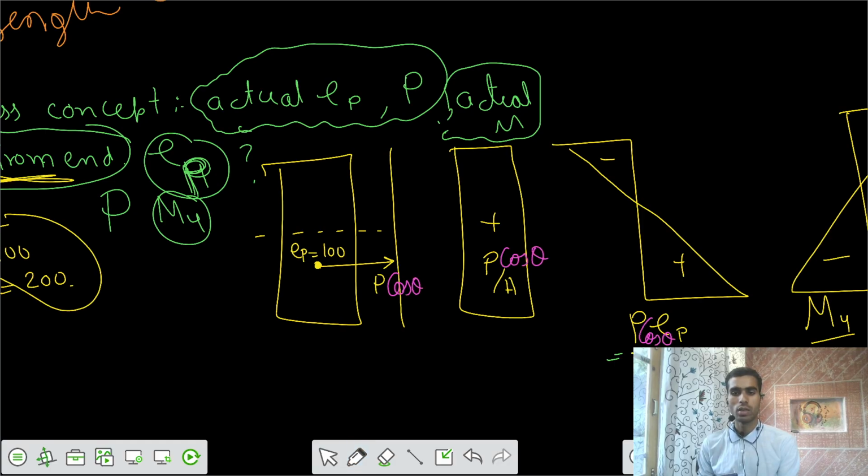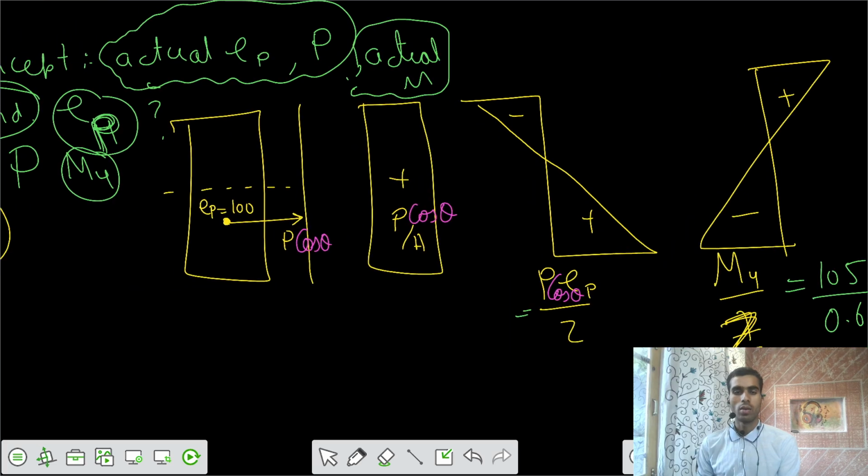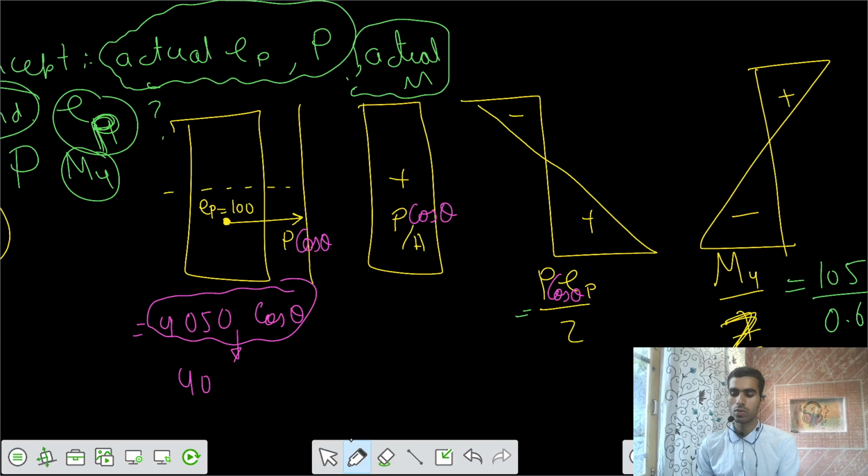P was 4050 kilonewton; multiplied by cos theta, this comes out to 4045 kilonewton, so only a difference of 5 kilonewton.